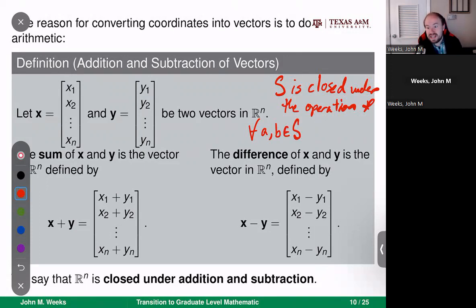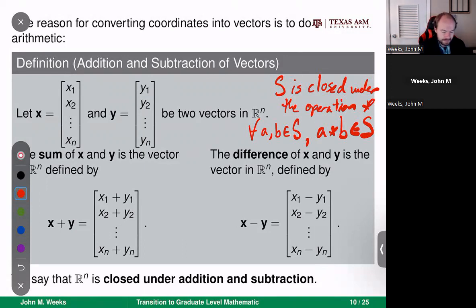So if you want to say this in English, it reads for all A and B inside of S, the operation is something that makes sense inside of the set that you're working with. You can take A star B, and that's something else that is still inside of your set.